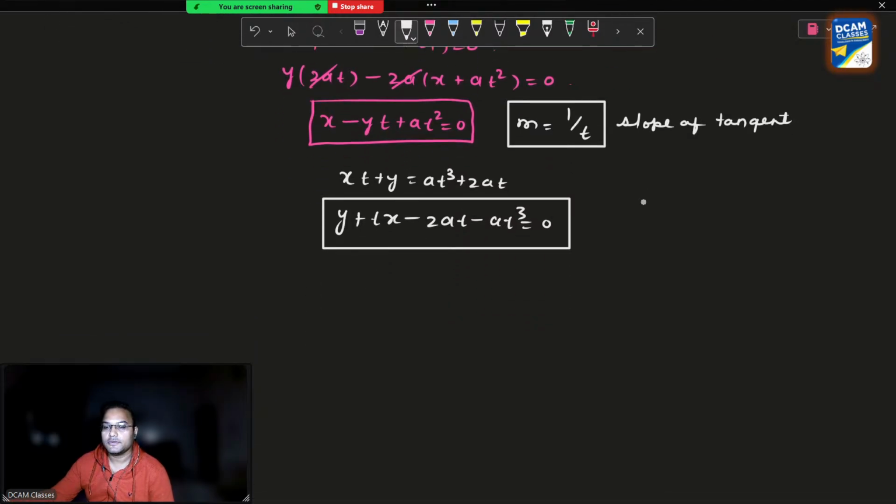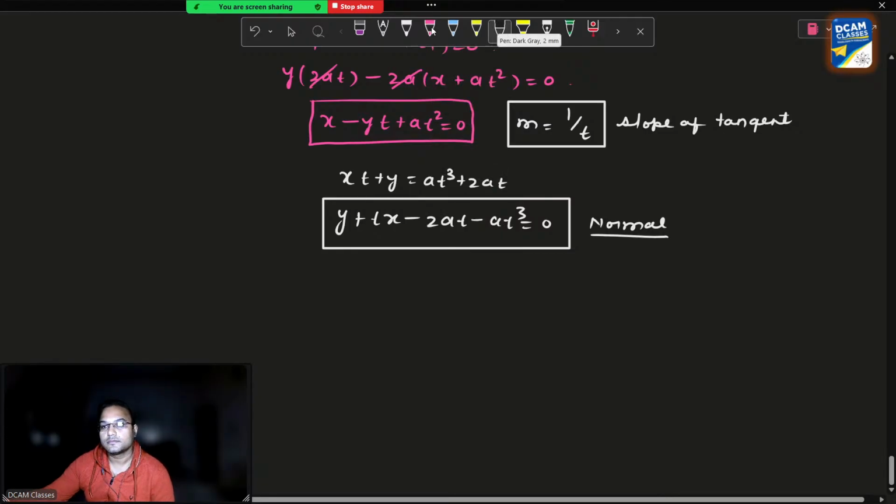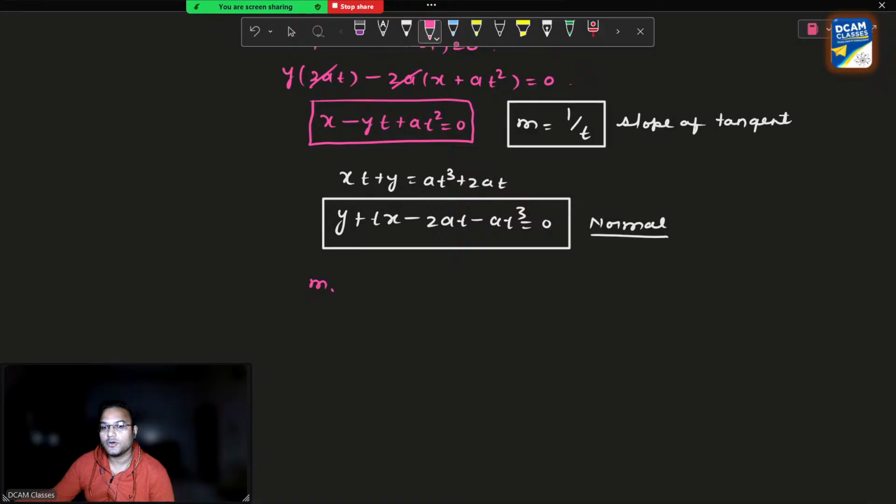See, for the normal, this is the equation of normal. The slope of tangent we have found. The slope of normal will be the reciprocal of that with a negative sign. It's minus 1 by m, so it will be minus t.